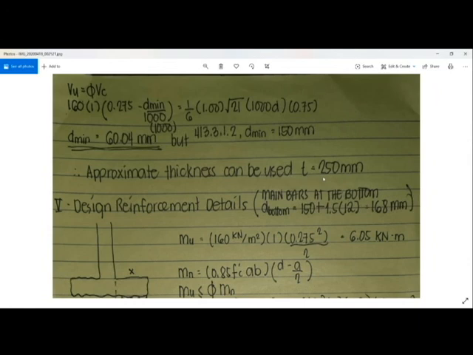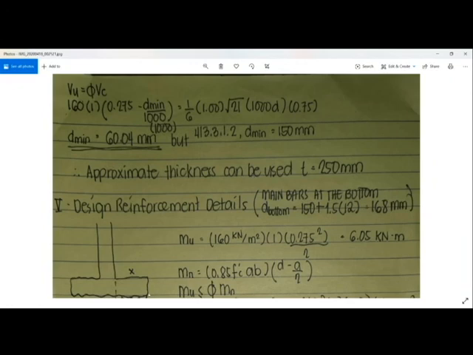By the way, why did I already conclude 250 millimeter as its thickness? Because we don't need to check the adequacy of your wall footing against two-way shear, because it's a long wall, and punching shear will not occur on wall footings.